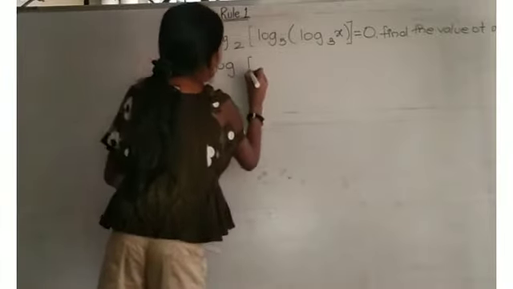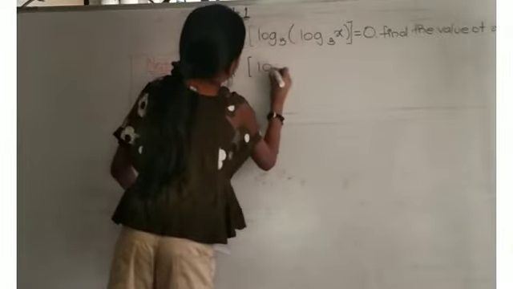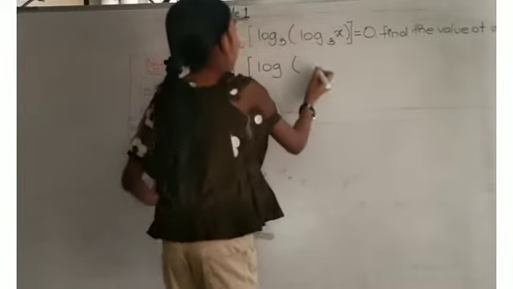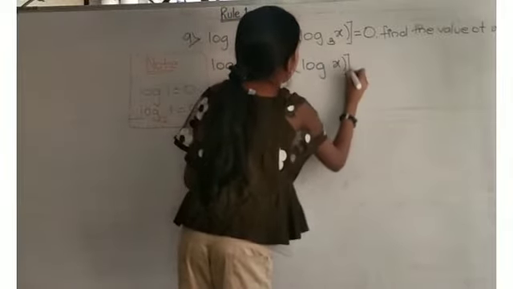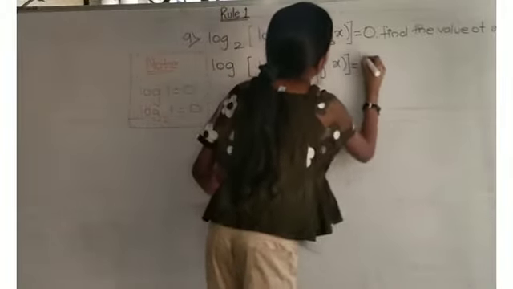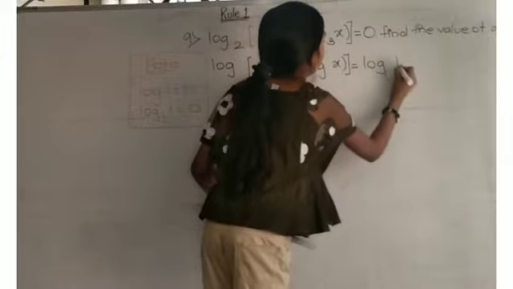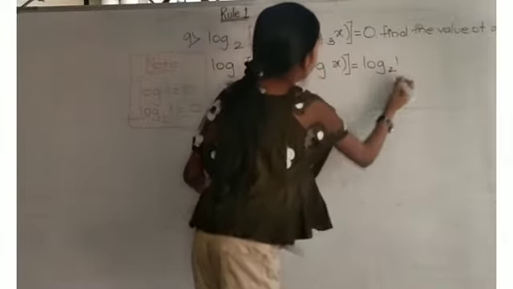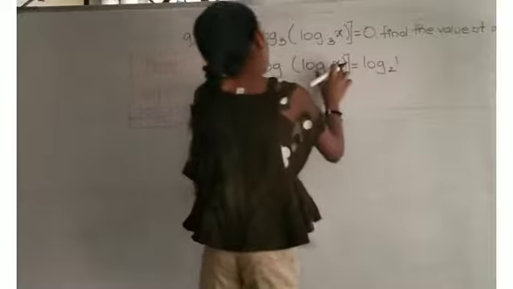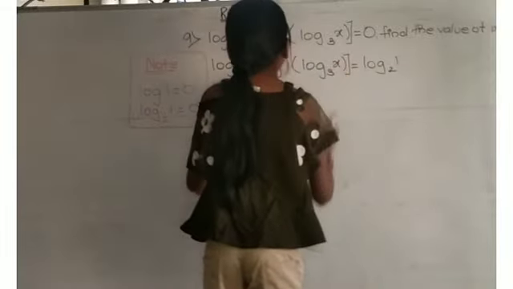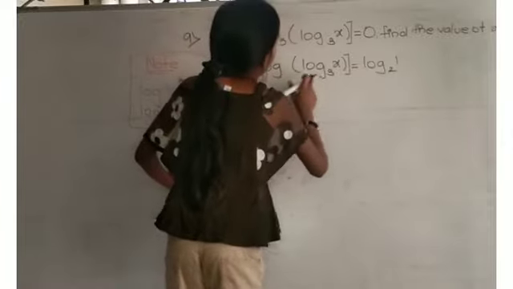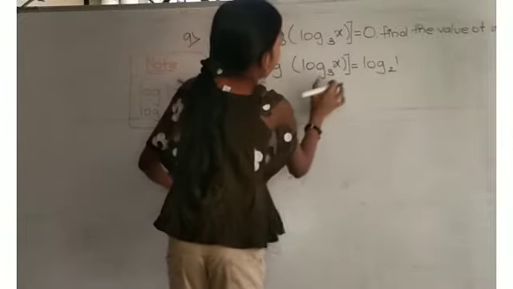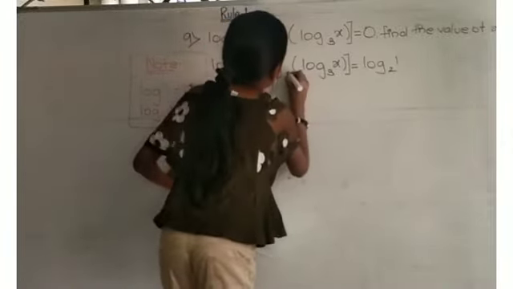Log of the big bracket, log of the small bracket, log x, is equal to log 1 to the base 2. On this side, log x to the base 3, and in the small bracket, log 3 to the base 5.